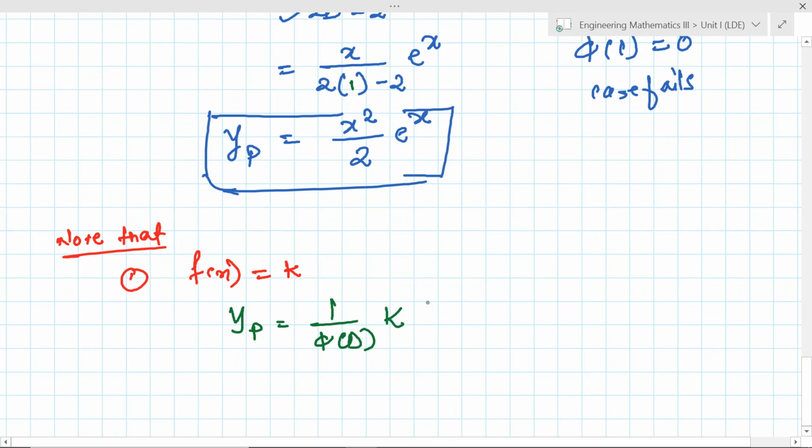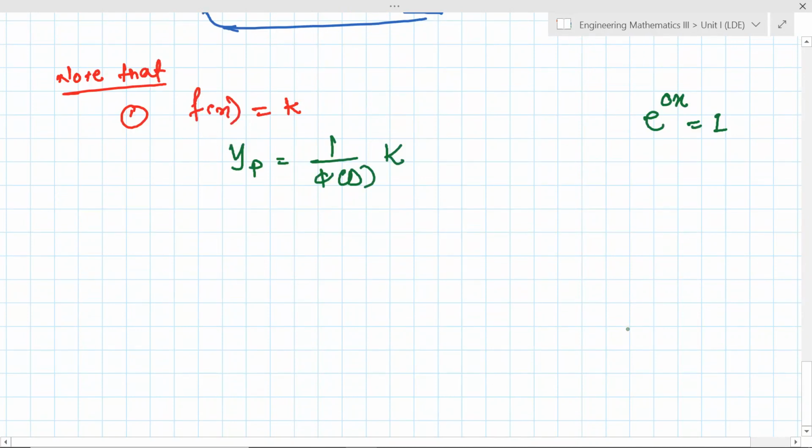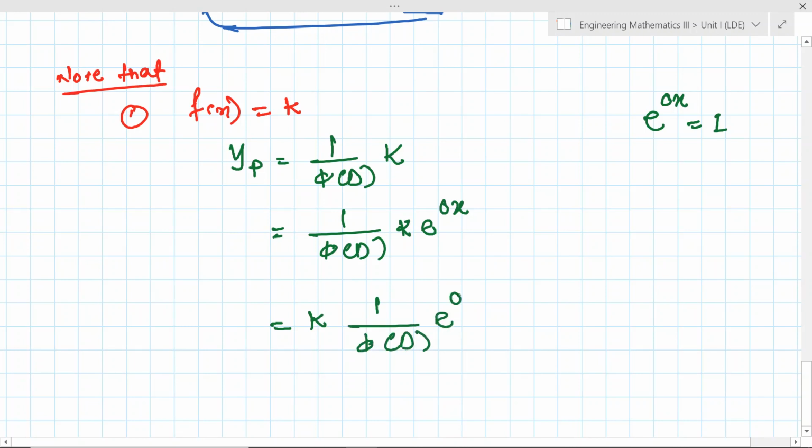See, e raised to 0 is nothing but 1. So we can multiply that e raised to 0x with this k. Then what do I get? 1 upon phi of d into k e raised to 0x. I can take that constant k outside: k into 1 upon phi of d into e raised to 0x.